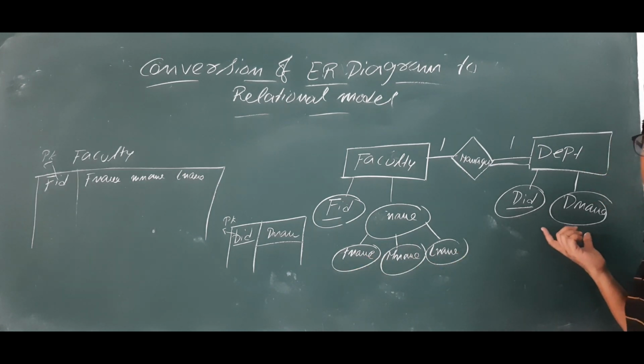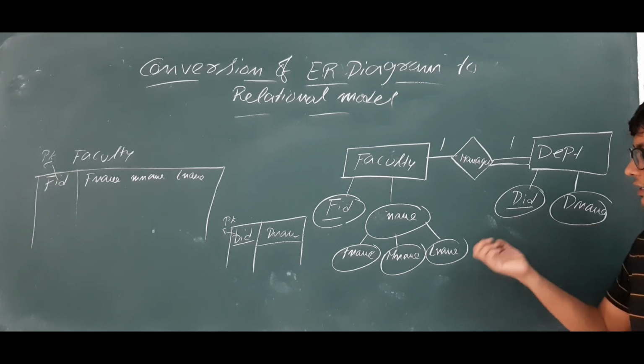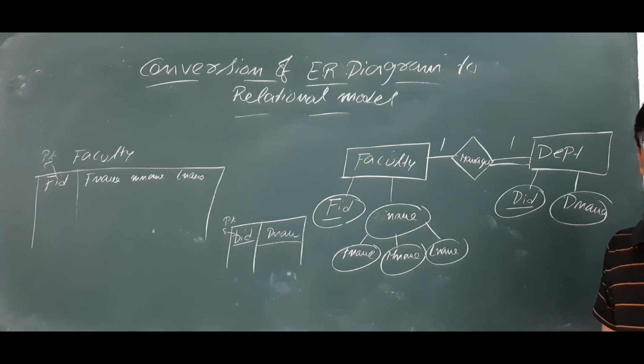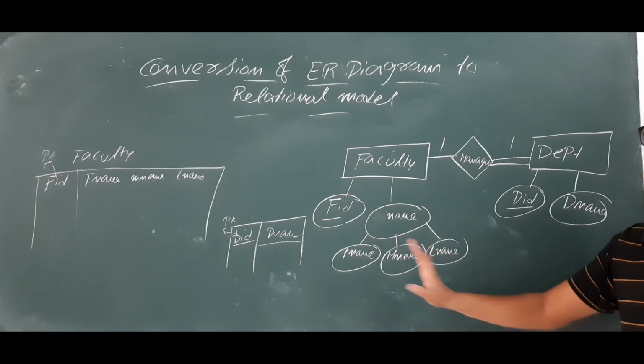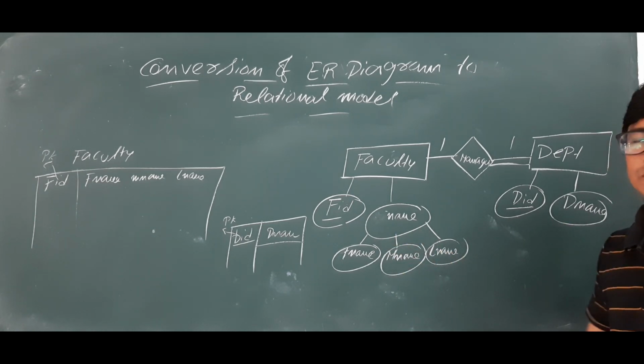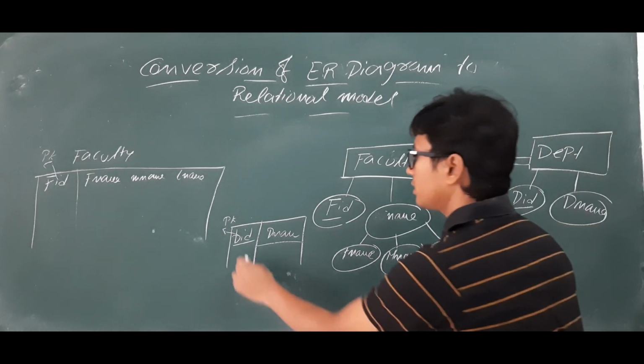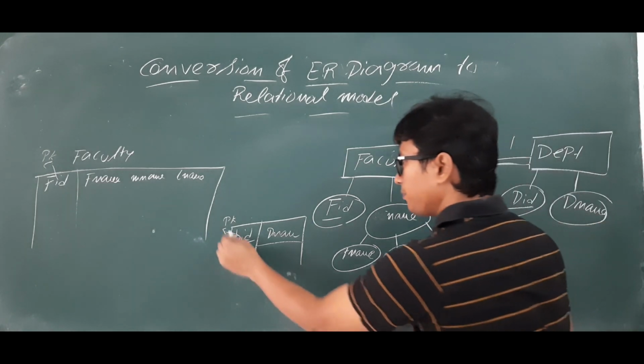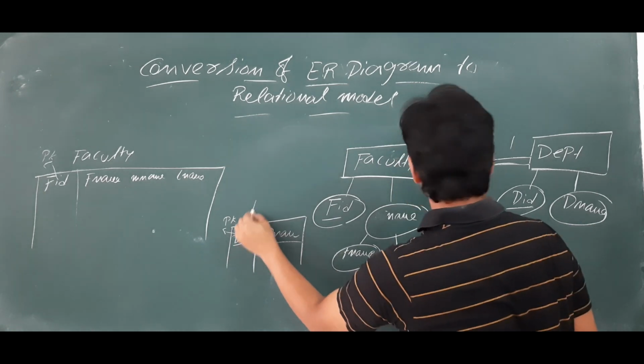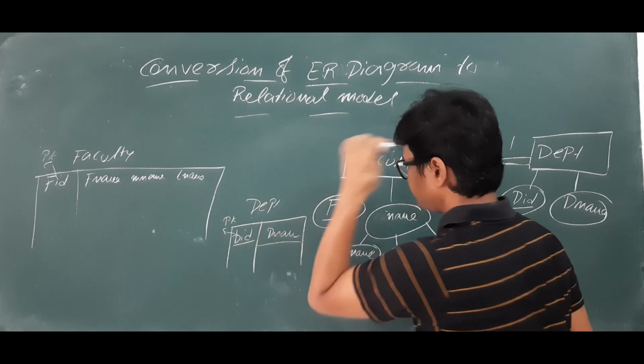Why did you not take department first name, department middle name and department last name? We will not have a first name, middle name, last name for the department. For a person it may be there, but for a department you will not find such cases. Okay, so this is the primary key for the department table and the name of the table will be department.